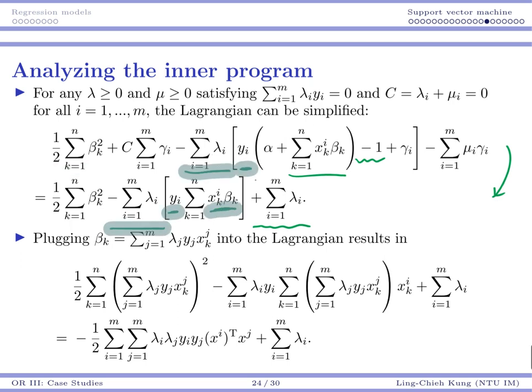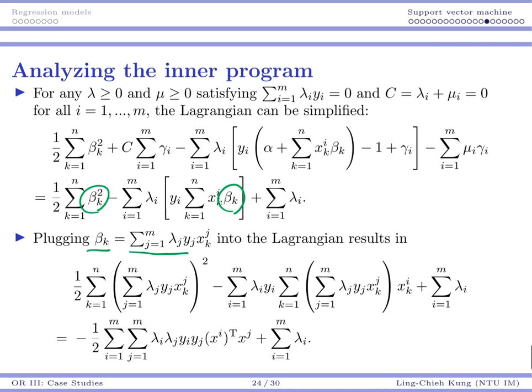Once you do that, the next thing is that your beta has been optimized. Your beta should be chosen in this way according to your x, y, and lambda. You may plug this into beta. That's how you get this and that. Now again, you get a giant formulation with a lot of summations, superscripts, and subscripts.